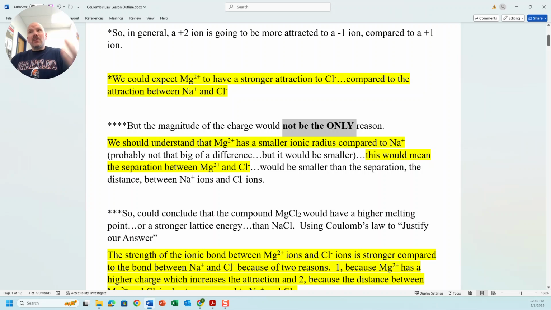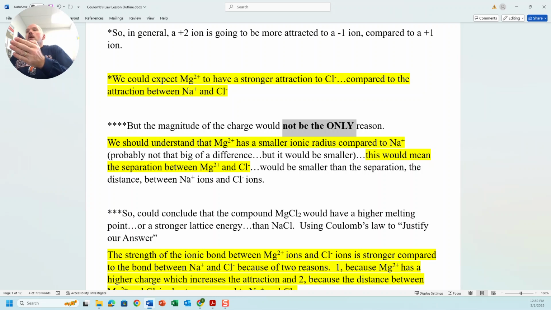So they have the same number of electrons, the same number of energy levels around their nuclei, but magnesium has one more proton. Because it has a higher nuclear charge than sodium, but the same number of electrons around it, that higher overall charge in the nucleus pulls those electrons closer to it, and therefore it has a smaller radius.